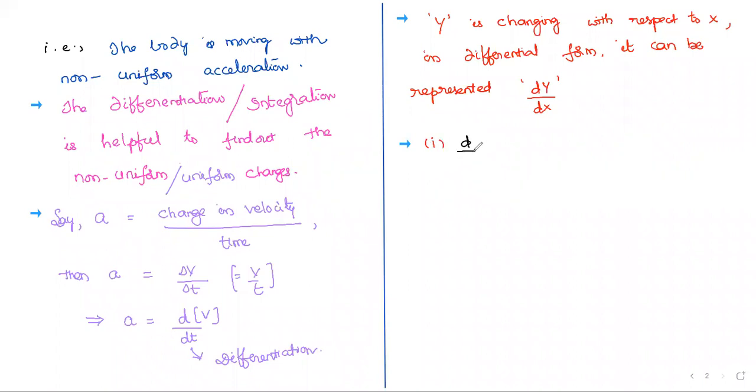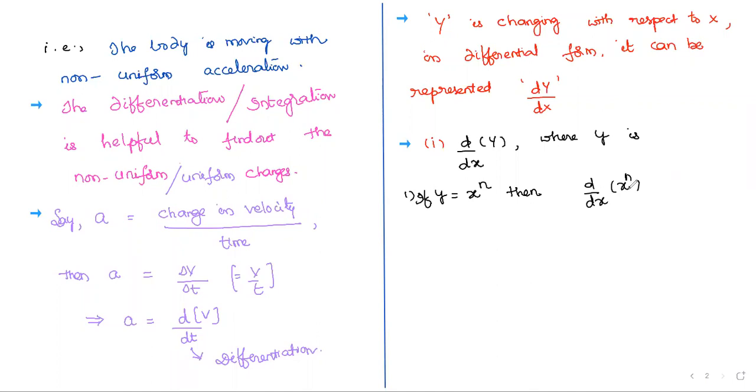Suppose d by dx of y, where y equals x power n. This is the first formula, which we use very frequently. What is the value of d by dx of x power n?